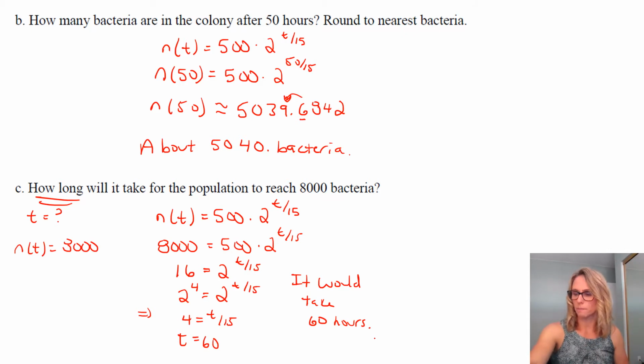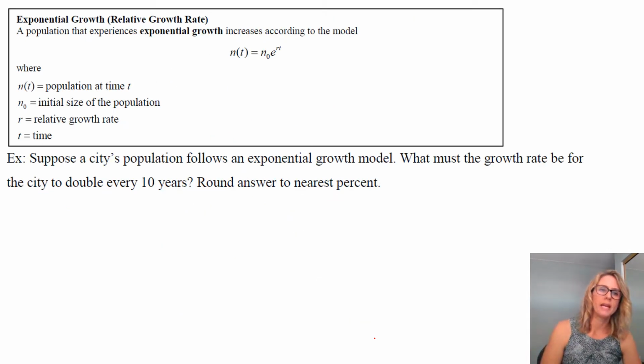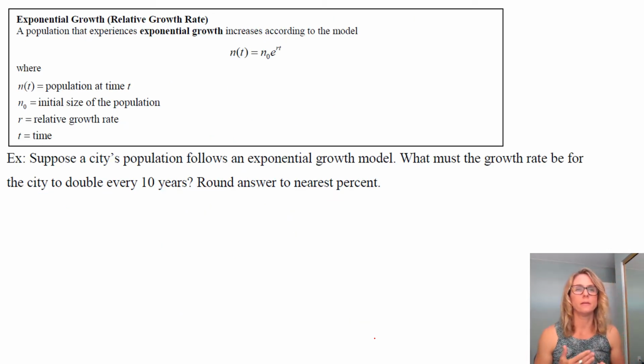It all makes sense. Okay, now this is exponential growth, not thinking about it as a doubling time, but just exponential growth, which uses e. So that's another common base. In the last one, you'll notice we had 2 as the base of our exponent, talking more about doubling time.